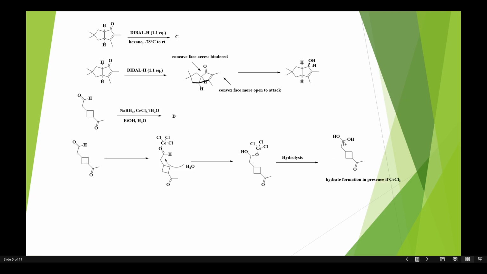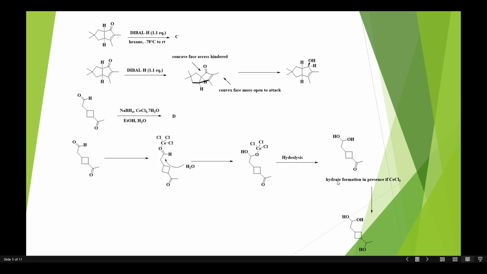Through hydrolysis, we get a hydrate. That's how it will mask the aldehyde group as its corresponding hydrate in the presence of the trichloride, and then only the keto group will be reduced in the presence of sodium borohydride.